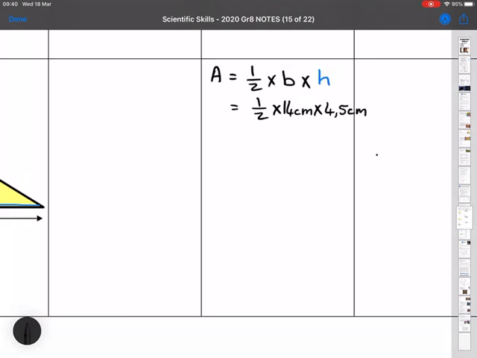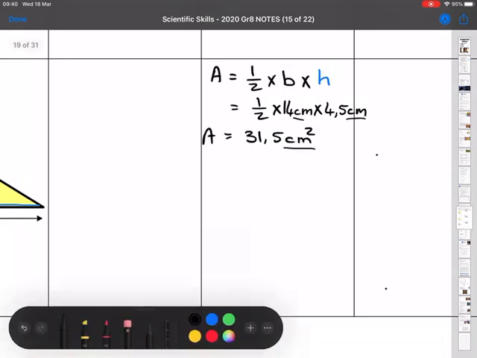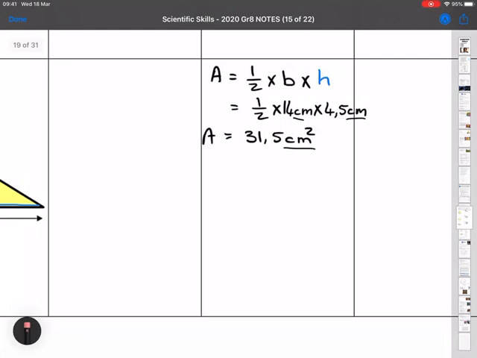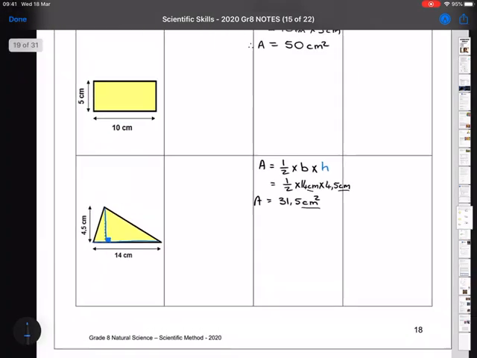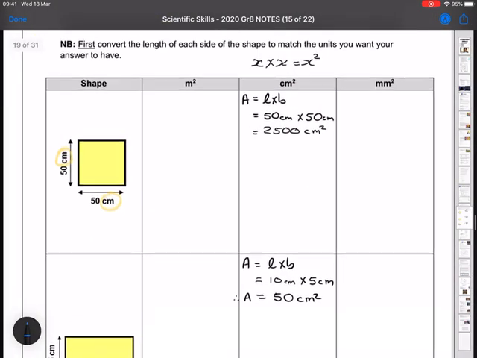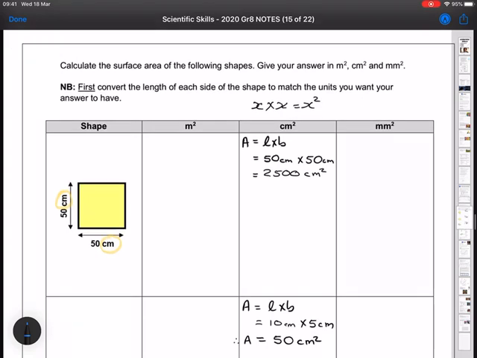And a half times 14 times 4.5 will give us a surface area of 31.5. And because we've taken a centimeter and multiplied it by a centimeter, we're going to end up with units of centimeters squared. Okay. So that was easy. That you could have done last year already.